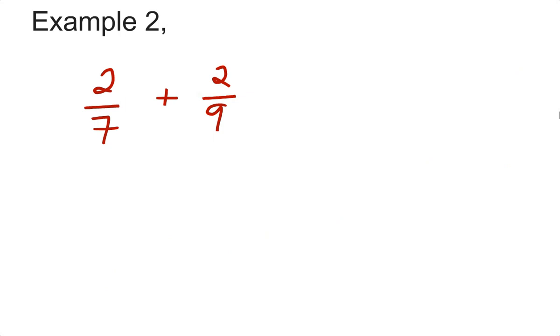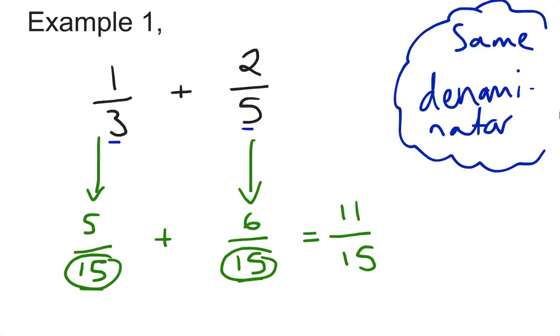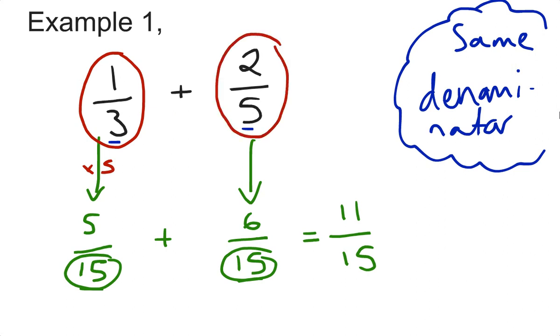Now it looks a bit horrible, but what I'm hoping you can see from the last one is that in order to get the 15 on the bottom, we times by 5, and in order to get the 15 on the bottom here, we times by 3. Well, it's no coincidence that this is your 3 and this is your 5.